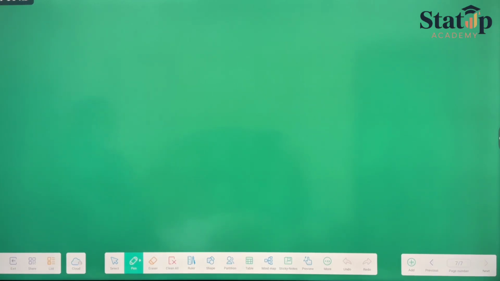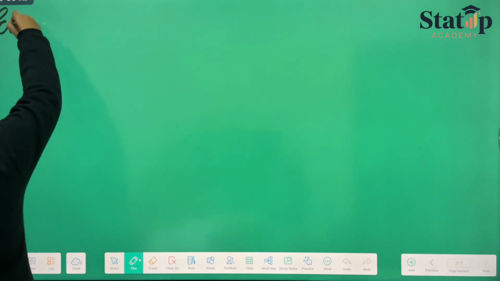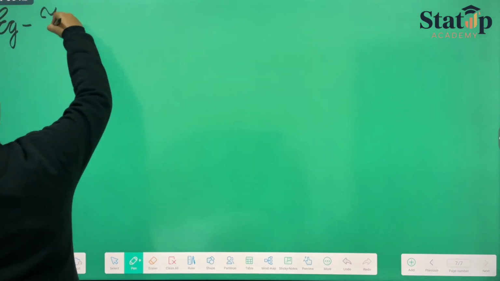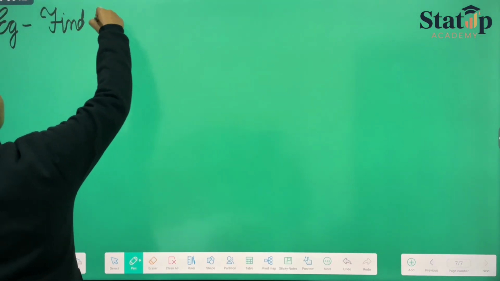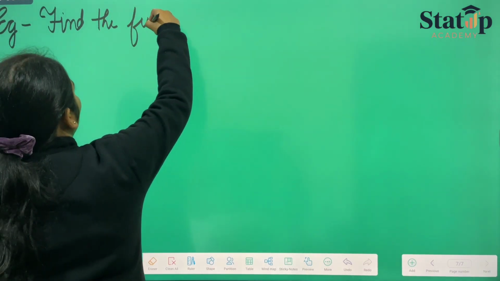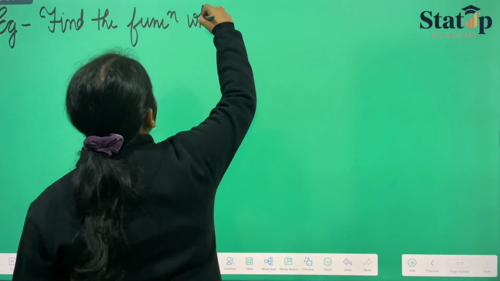Now the question says, example 2, find the function whose first difference is e raised to the power x.